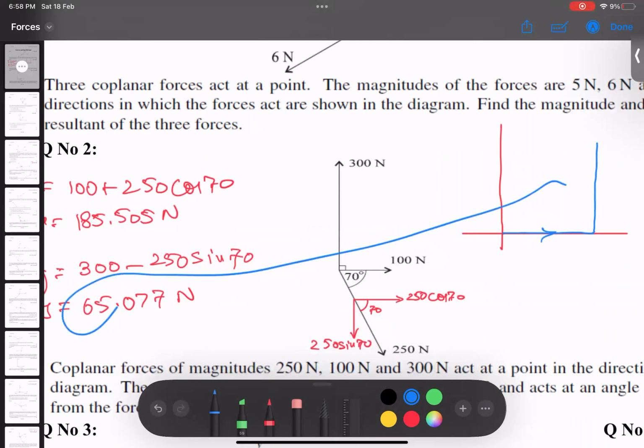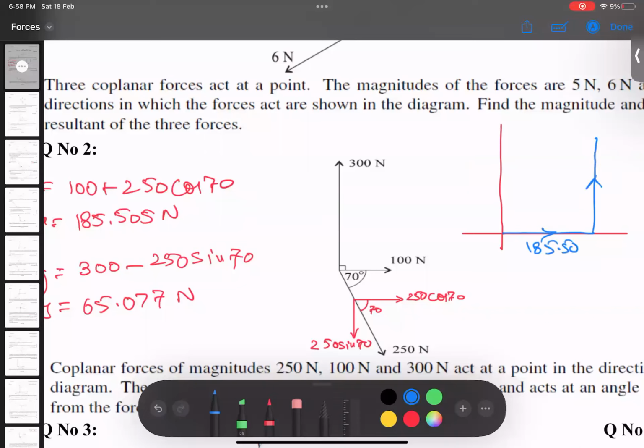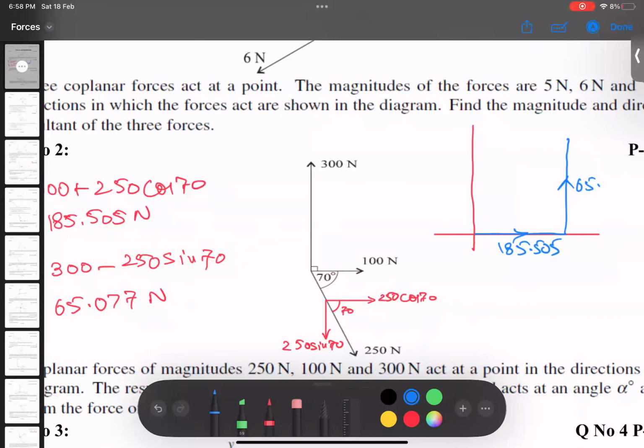If it were negative, I would make the line downwards. So it's a very important criterion. Now it is going upwards. So Rx is 185.505 and Ry is 65.077. So this idea is very clear.